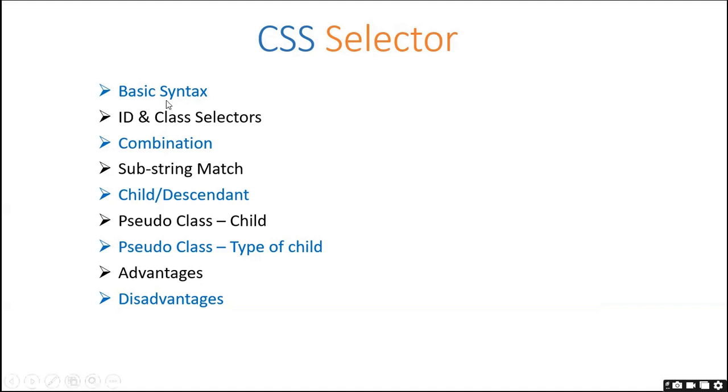I'm going to discuss the basic syntax of the CSS selector, IDs and classes, class selectors, combination, substring match, child, descendant, pseudo class child, pseudo class type of child, advantages and disadvantages. These we will discuss in this tutorial.